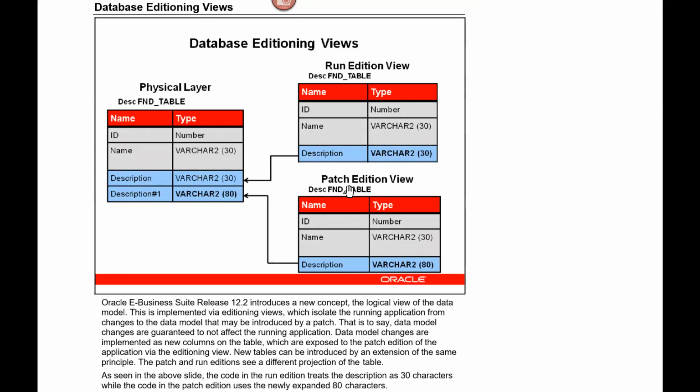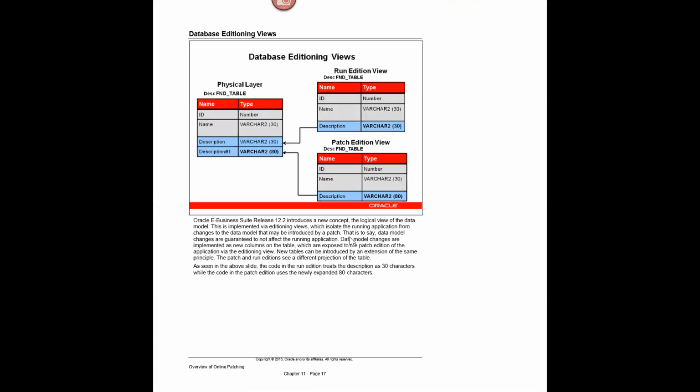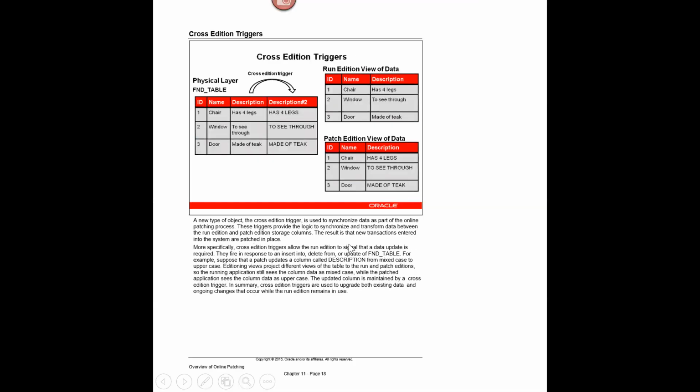But now, in the patch edition view, you are updating it to 80. So the run edition will have 30 and the patch edition view will have 80. The front end users will be using the run edition, so they will be seeing 30, whereas the patch edition will have 80. That is how they are maintaining these views.